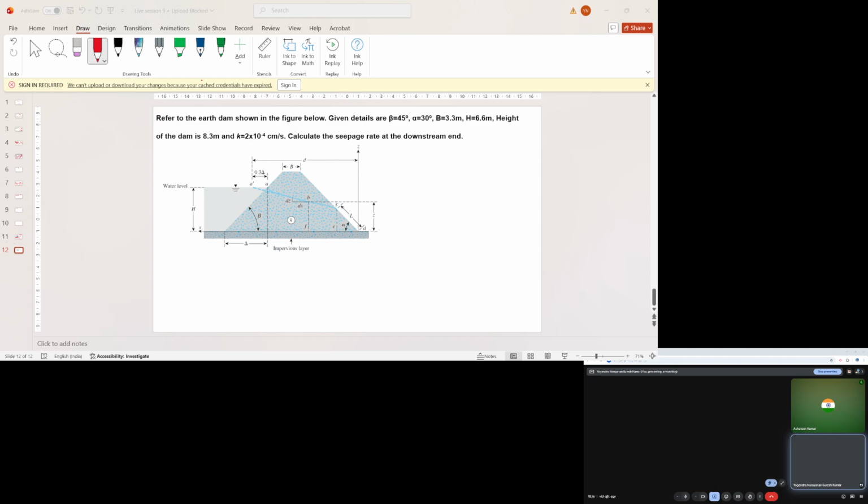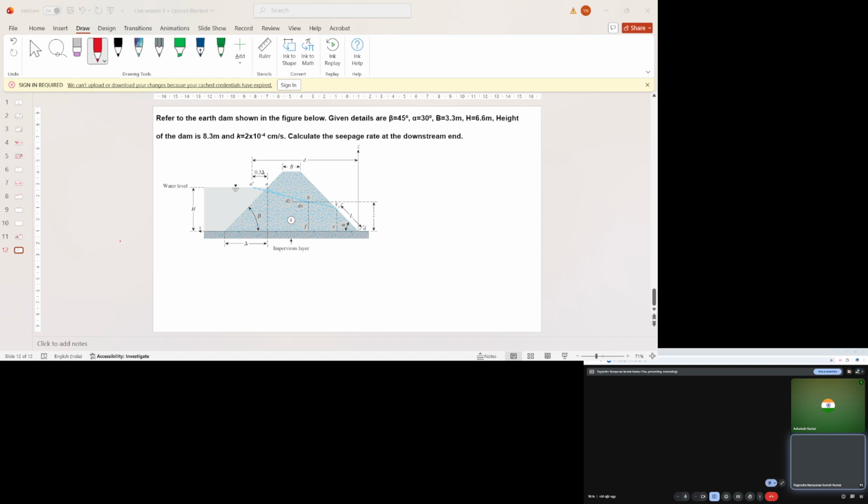Let this be X and let this be Y. Now D is going to be 0.3 delta plus X plus b plus Y. In this, what are all the parameters which are known? We know only B. B is 3.3 meters.